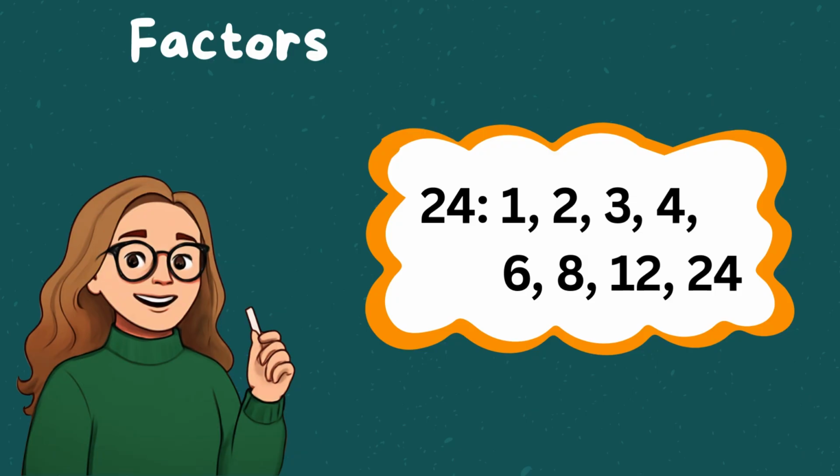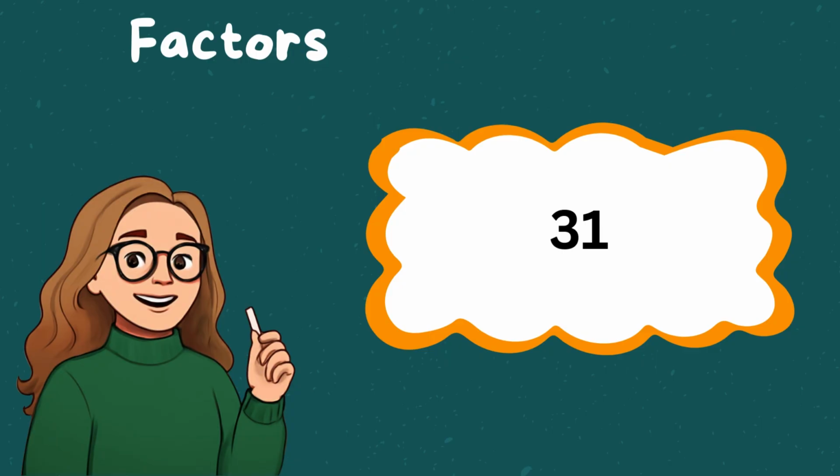So 3 and 8 are factors of 24. 24 divided by 4 is 6. So 4 and 6 are going to be factors of 24. So if you list your factors of 24, it's 1, 2, 3, 4, 6, 8, 12, and 24.